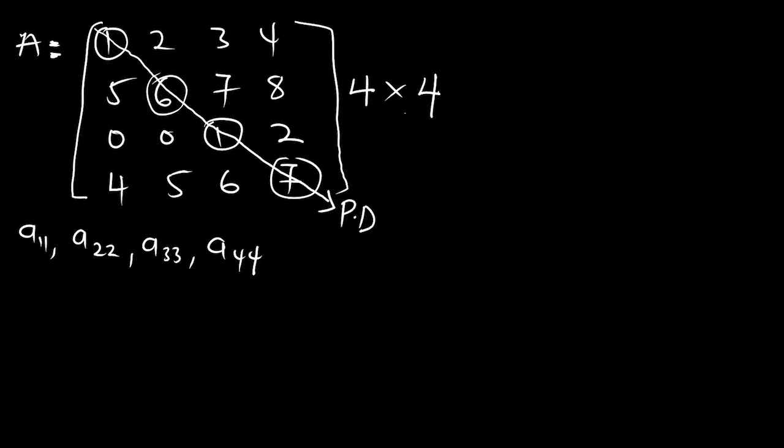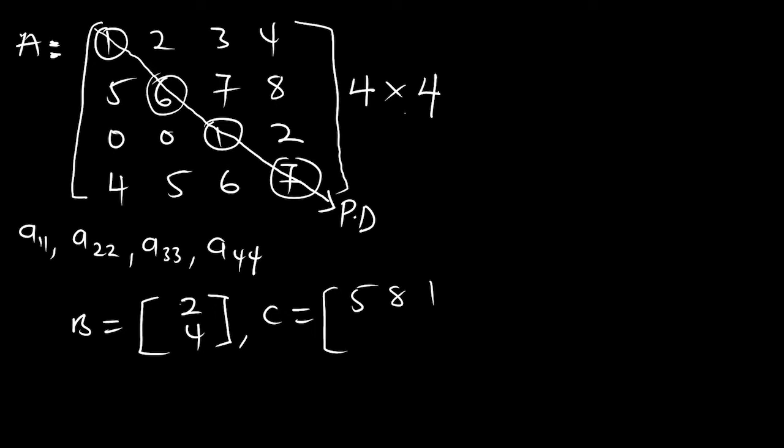Are we okay? Can we find the principal diagonal for this matrix B? Two, 4. And say a matrix C. First, this matrix C, what is the order of this matrix? This is 2 rows and 3 columns.